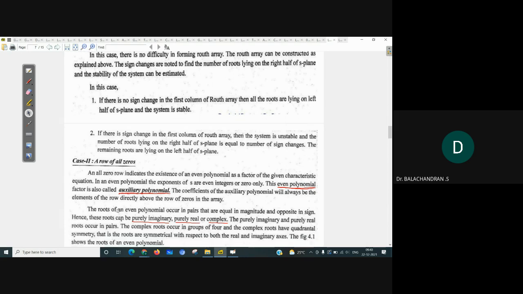The roots of an even polynomial. As I already told, the even polynomial is a factor of the given characteristic equation. Now we are discussing the roots of the even polynomial. The roots of an even polynomial occur in pairs that are equal in magnitude and opposite in sign.